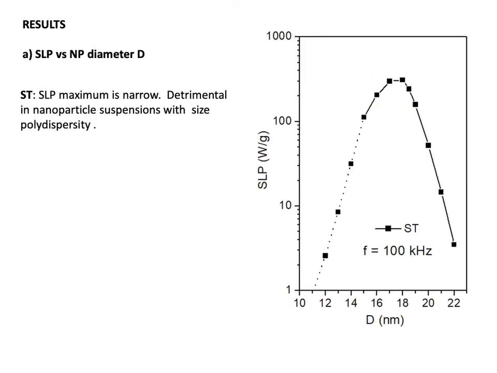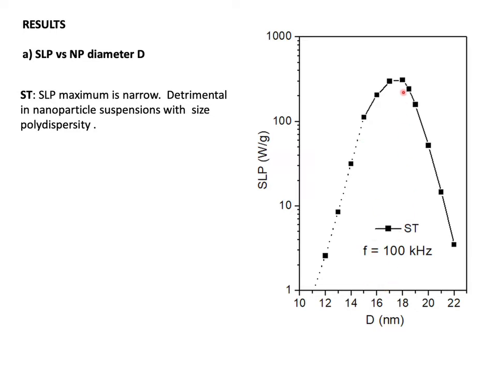Let's briefly discuss the results that we have obtained by calculating the specific loss power as a function of the nanoparticle diameter d, which is our key parameter. This has been simulated for a frequency of 100 Hz for a standard, symmetric triangular waveform. In this case, this SLP maximum is narrow.